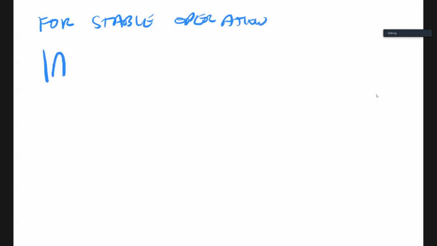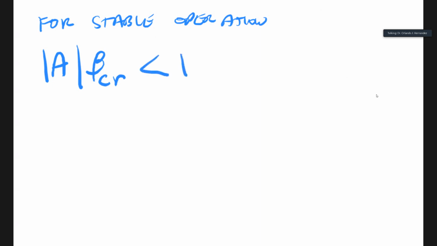So we can say that for stable operation, the magnitude of A times the beta at which oscillations are going to commence, and we're going to use the subscript CR for critical, so it'll be the critical frequency of the circuit, has to be less than 1.